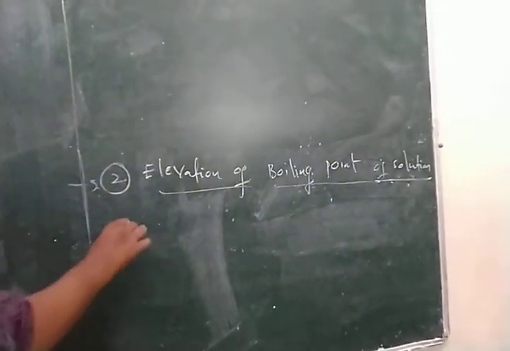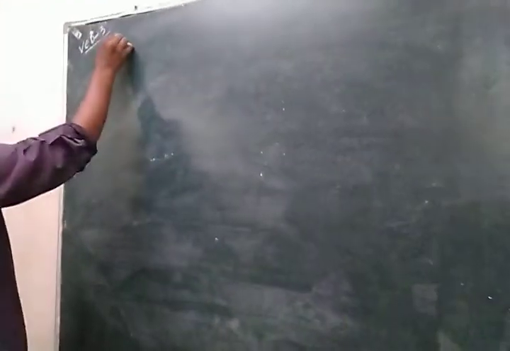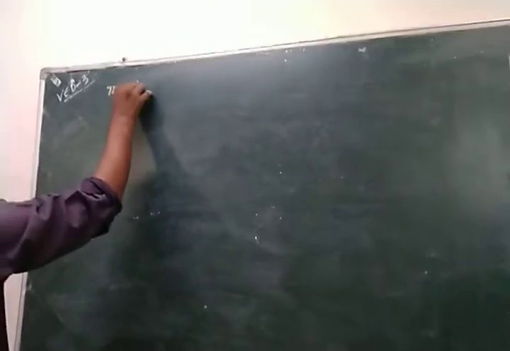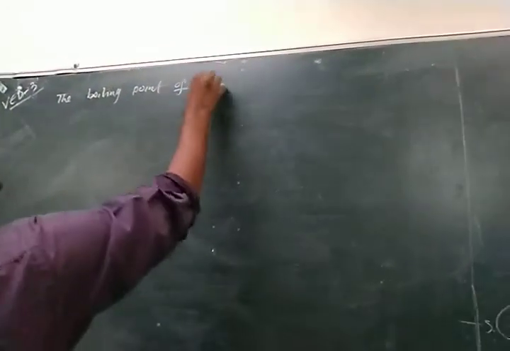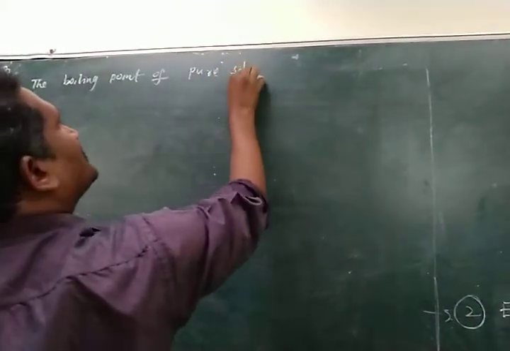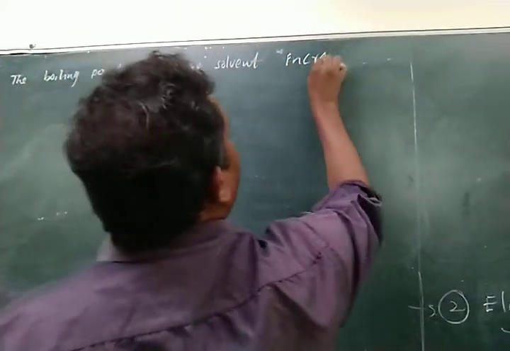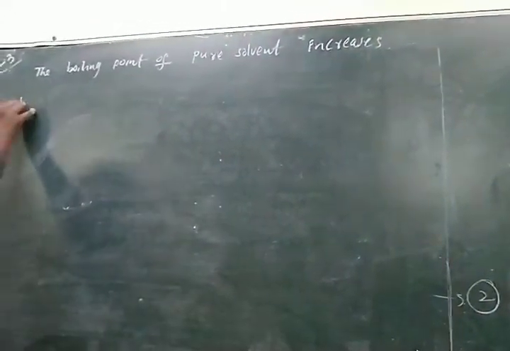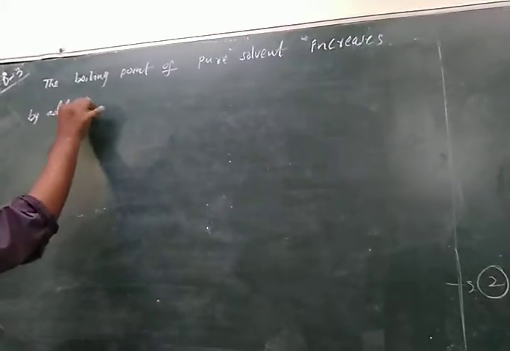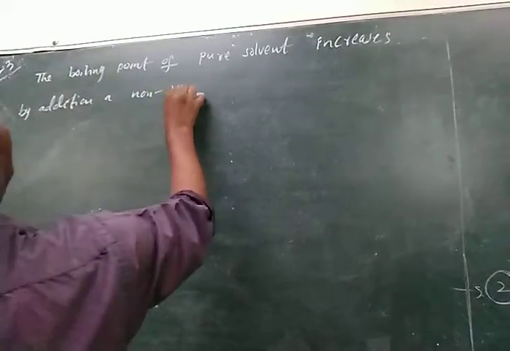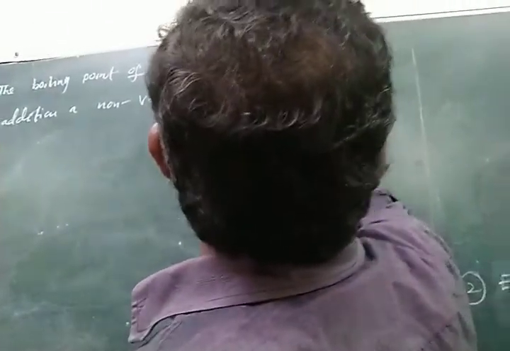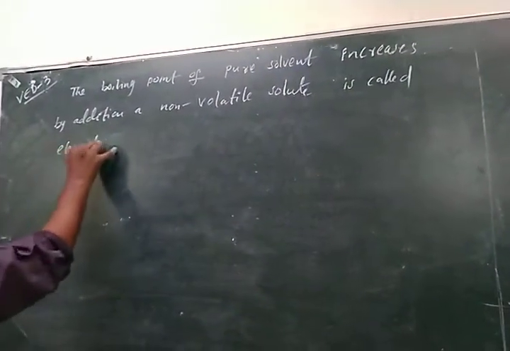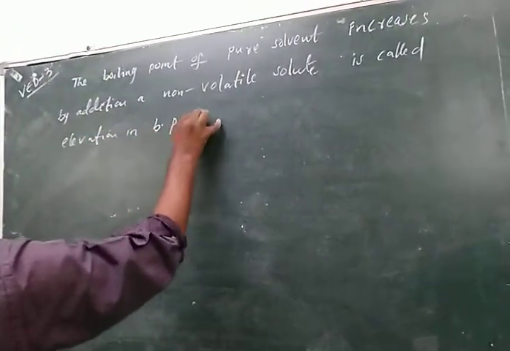So here the boiling point of pure solvent increases by addition of a non-volatile solute, which is called elevation in boiling point of a solution.